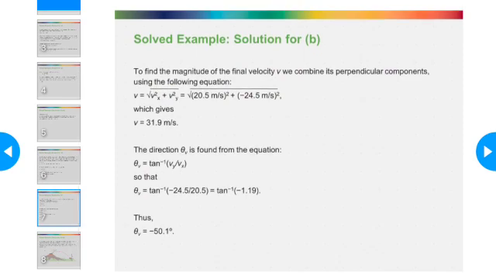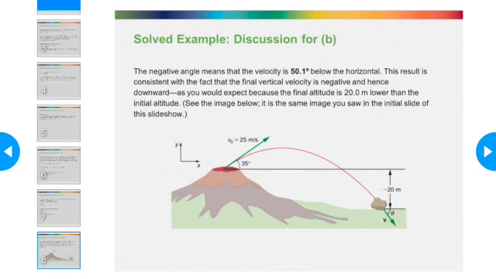So then we would work backwards using the Pythagorean theorem, giving us 31.9 meters per second, and then inverse tangent to find our direction, which gives us a negative 50.1 degrees. So that's how this problem works out.